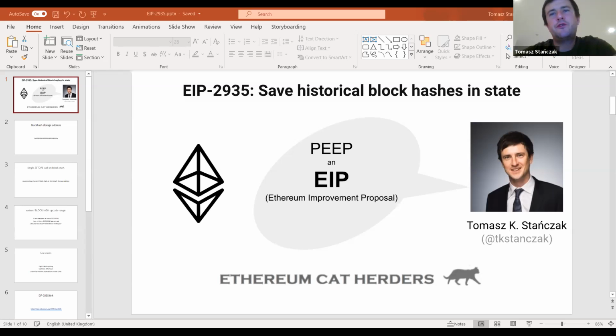Yeah, I think the full client in this most minimalistic form would be around between 60 and 300 gigabytes, depending on whether you include bodies and receipts. So this 8 gigabytes of headers is probably the most essential for security at the moment, and also a bit like the least heavy part, because headers are just quite light. I mean, 512 bytes per header.